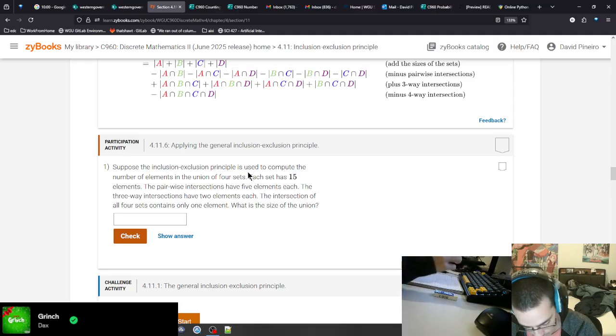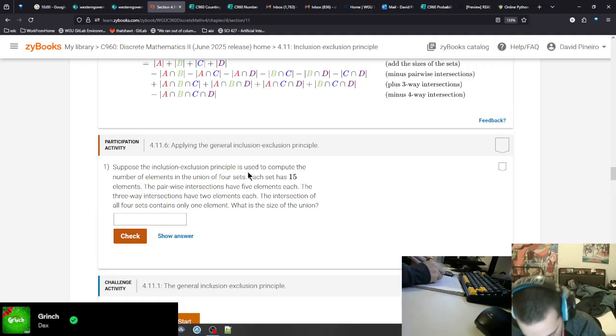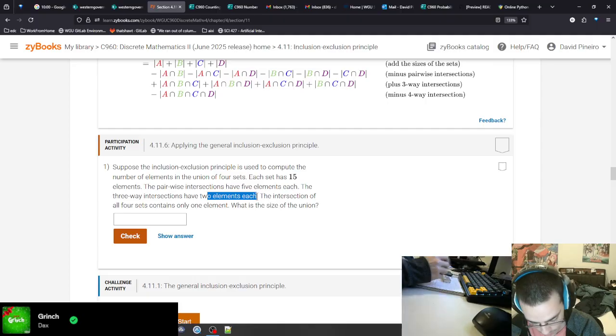Individually, we have 15 times 4 choose 1, minus, you've got to do the alternation thingy, minus 4 choose 2 times 5 elements each for the pairs, plus 4 choose 3 times 2 elements, minus 4 choose 4 times 1.